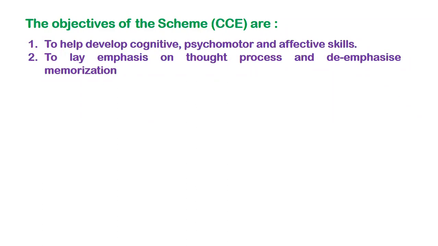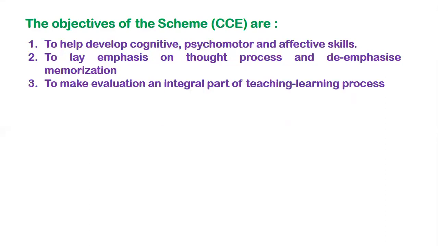So this CCE model helps you to understand whether the child is reaching that particular level or not. It stimulates the thought process of the child rather than just memorizing the answers. It also helps to make evaluation an integral part of the teaching-learning process.